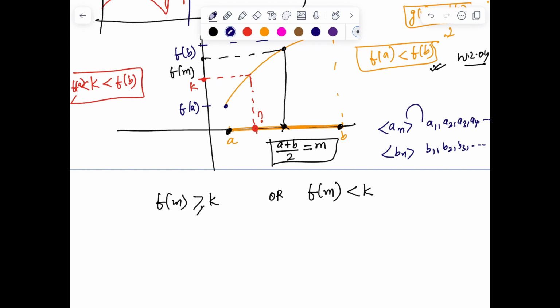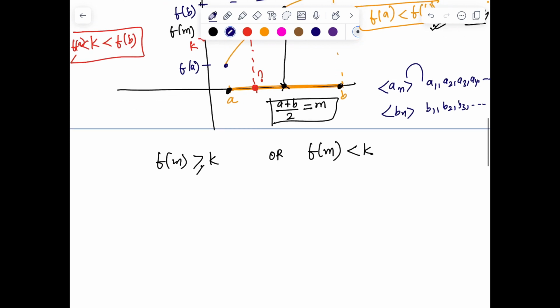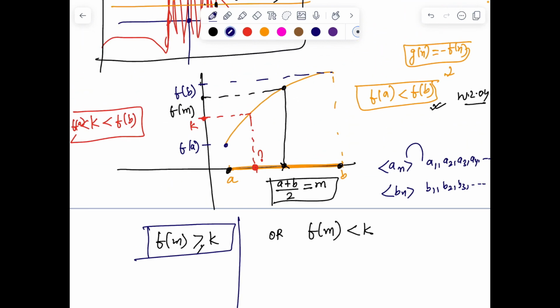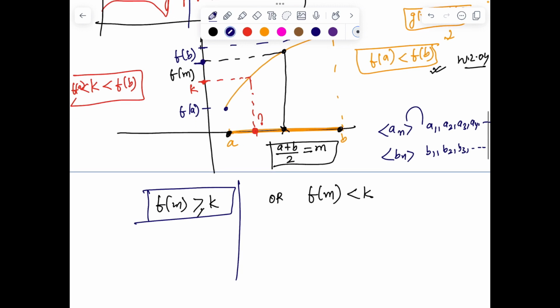Now suppose f of m is more than or equal to k, which is clearly in this diagram as of now. Then I am defining the sequence a1 as a and b1 as m. Else, if f of m is less than k, then I'll define a1 as m and b1 as b.